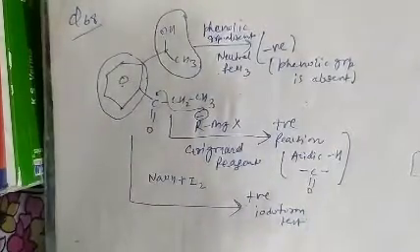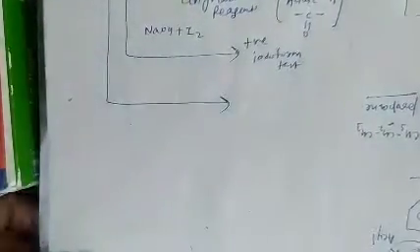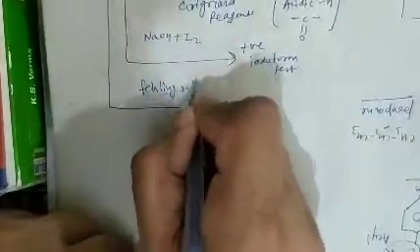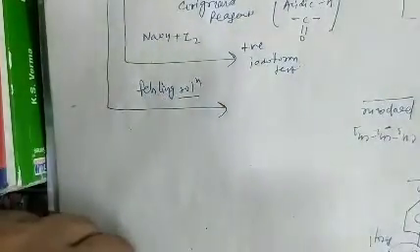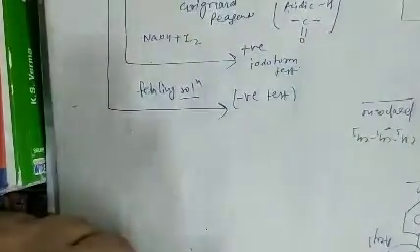Now there is the Fehling test. When this compound reacts with Fehling solution, as we can see, it will give a negative test. Why will it give a negative test?